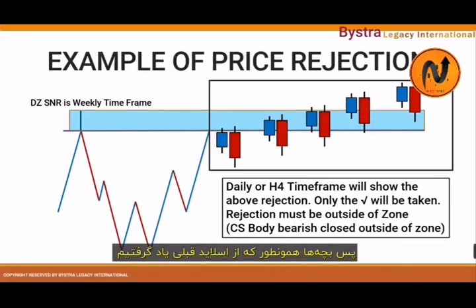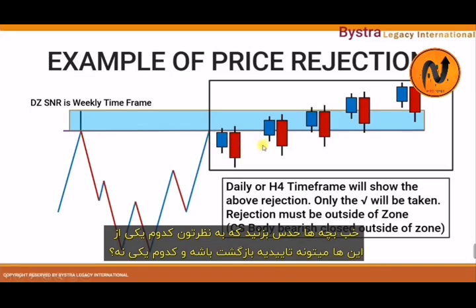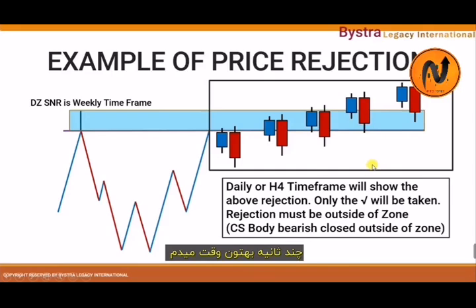So guys, as we have learned from the previous slide, the rejection of confirmation has to be outside of the danger zone. So no matter whether daily or H4 time frame, since this is the danger zone for weekly time frame, guys, take a guess. Which one do you think is a confirmation of rejection? Which one is not? I'm gonna give you a few seconds.